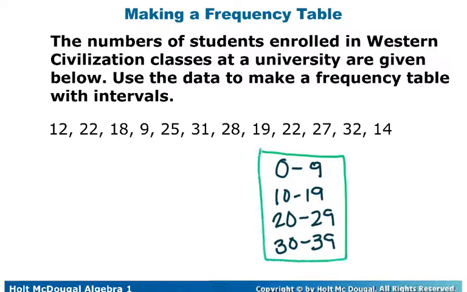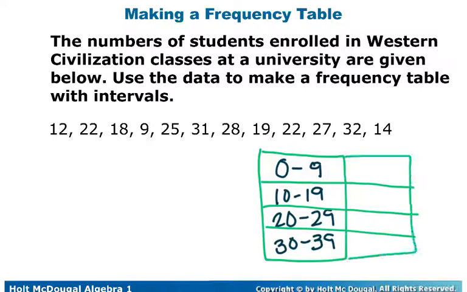So we've got our frequency table, and so now we just need to potentially do tick marks for what we see. So for instance, we see a 12, put a mark here. 22 here, 18 goes here, 19 is in here, 25 in this range, 31 in this range, 28 over here, 19 here, 22 here, 27 also there, 32 here, and 14 here.